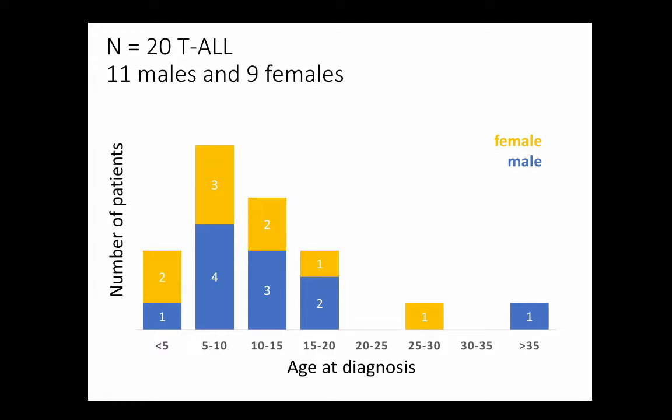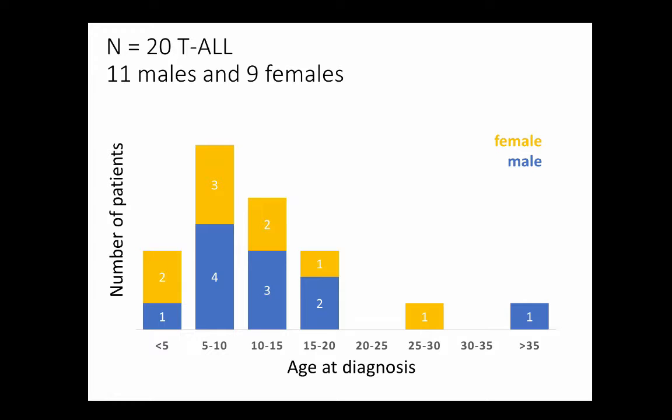So we can see that arrays can provide us additional information, and we wanted to see what kind of additional information we could see in our TALL cases. We've reviewed 20 of the most recent TALL array and G-band results.